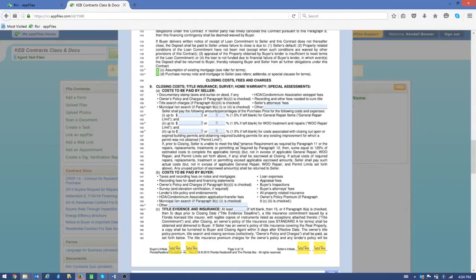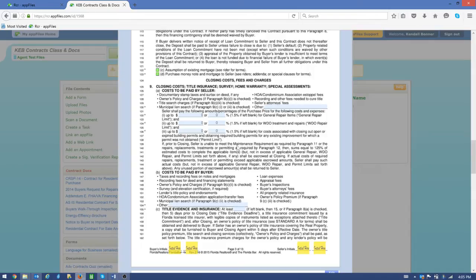So let's read. You guys remember paragraph 11 is your continuing maintenance requirement. So basically what that means is if it was broken when you went under contract on the effective date, the seller is not obligated to repair it at closing. If it was working at the time of contract and it's broken before closing, the seller is obligated to fix it.